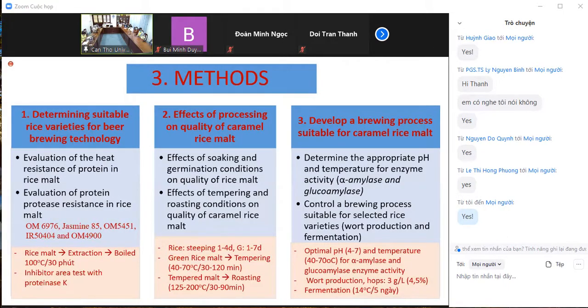The first is determining suitable rice varieties for beer brewing technology.